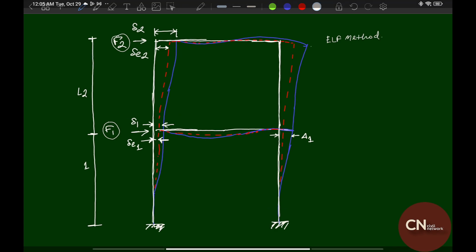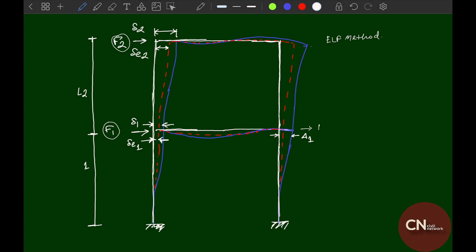Now let's say that this is the first floor, and this is the second floor, and this is the ground floor. There will be displacement due to the lateral forces.